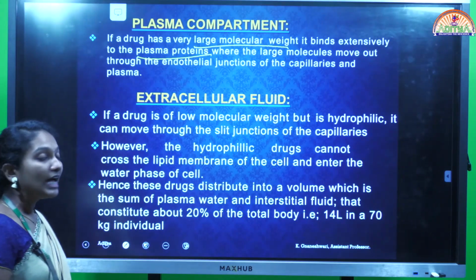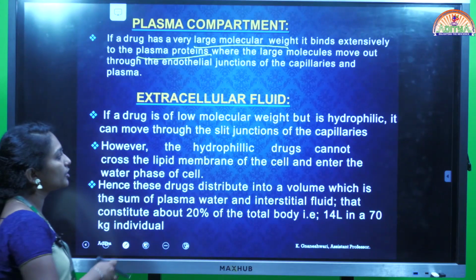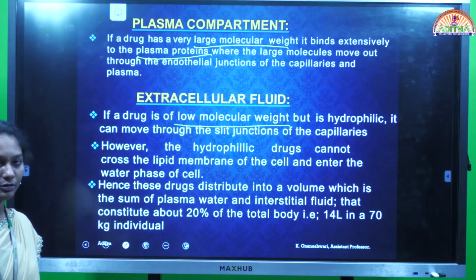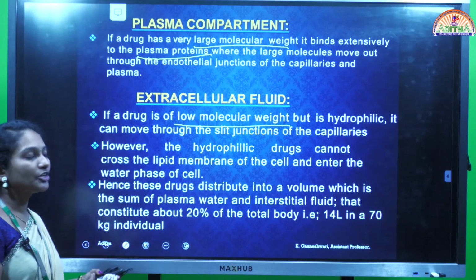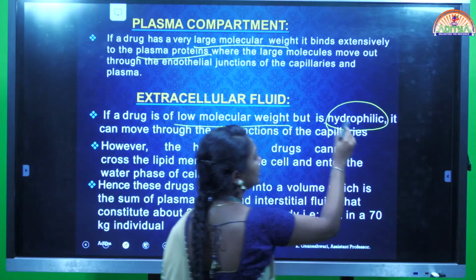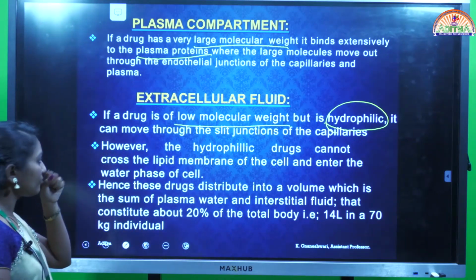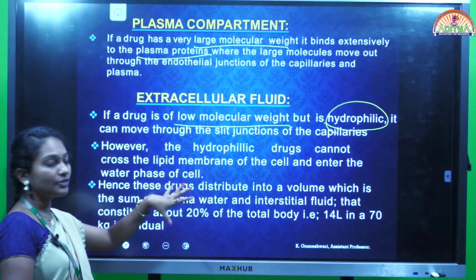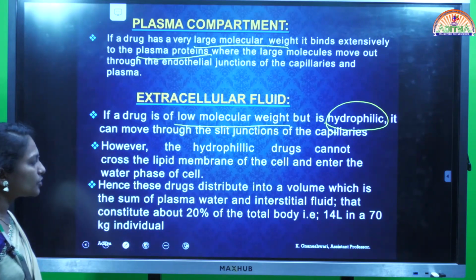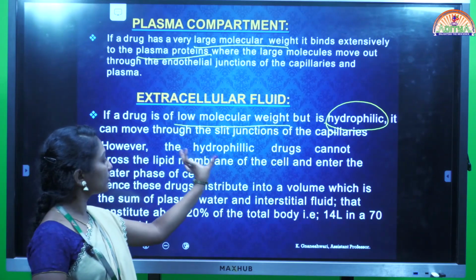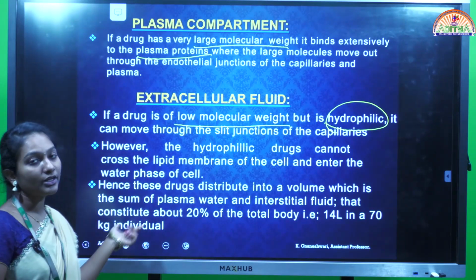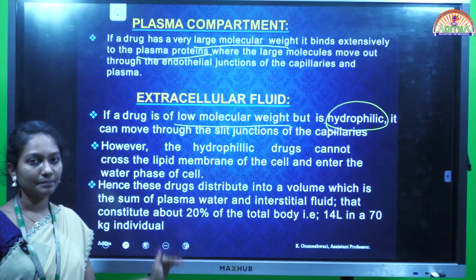Next, coming to the extracellular fluid, the lower molecular weight drugs, more specifically the hydrophilic drugs, will generally be present. The hydrophilic drugs will move through the slit junctions of the capillaries. Because the highly hydrophilic drugs cannot cross the lipid membrane, they enter the water layers of the cell.